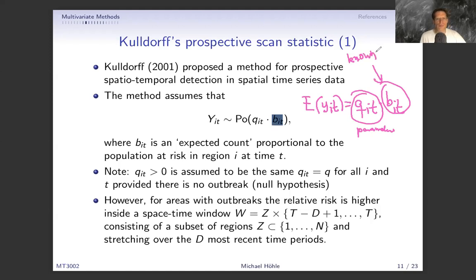So this could, for example, be a population at risk or something which is proportional to the population at risk. There are different ways to calculate that expected value.